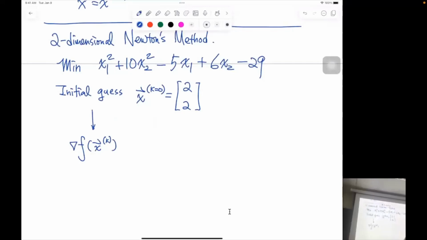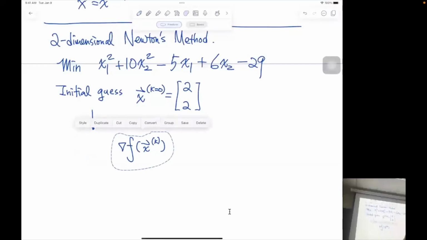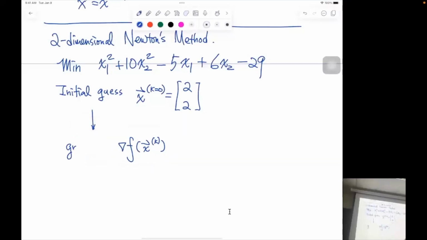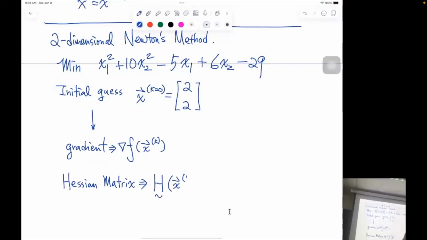And the other thing is some person's name, the Hessian matrix. Like an H. Okay? So what's inside the gradient and the Hessian matrix?